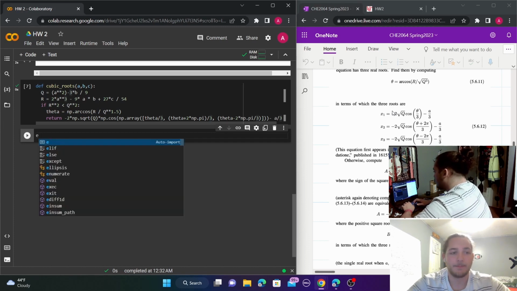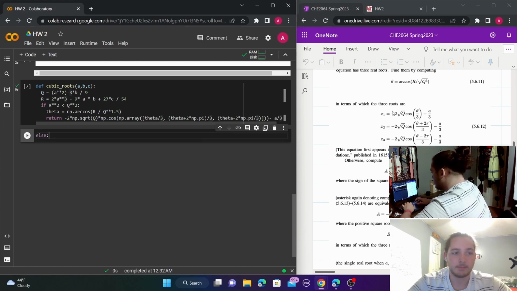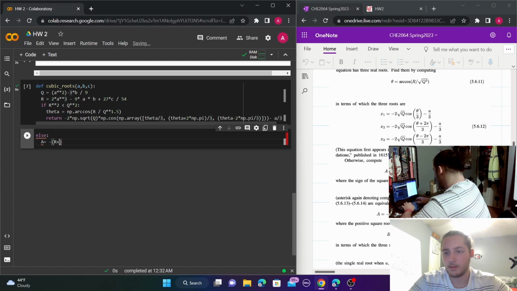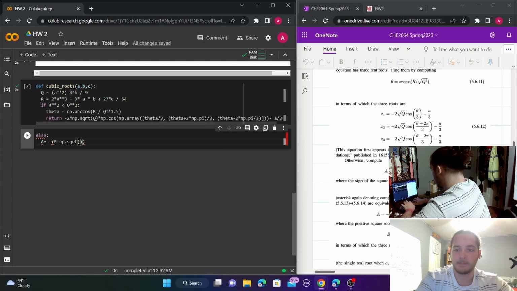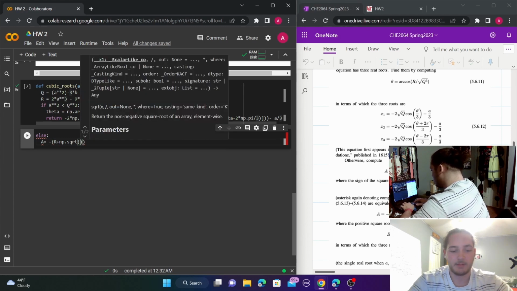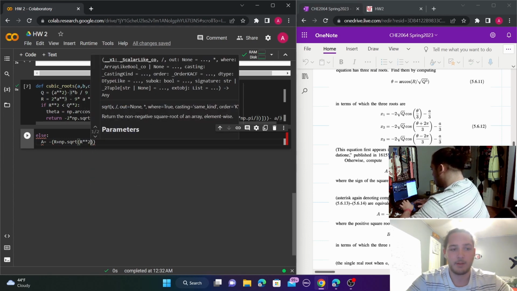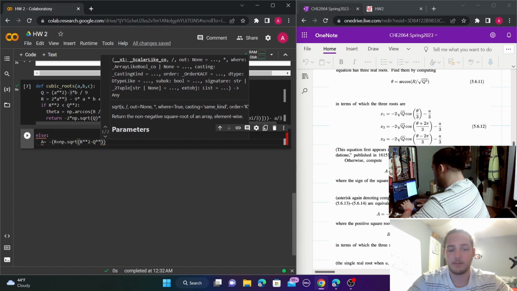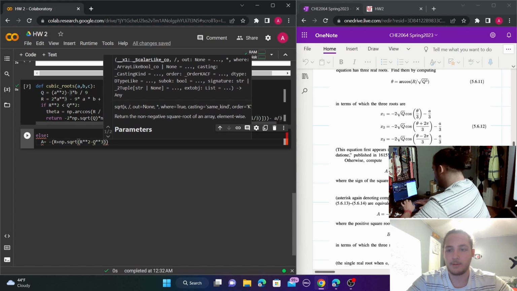So we can go else, and then we can code our a equal to negative r plus np dot square root, and inside our square root we have r squared minus q cubed.